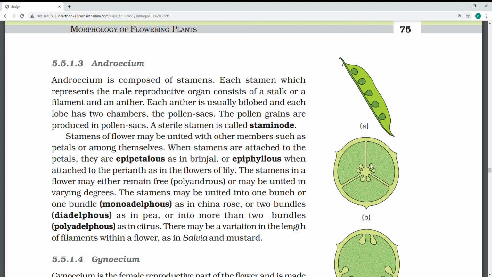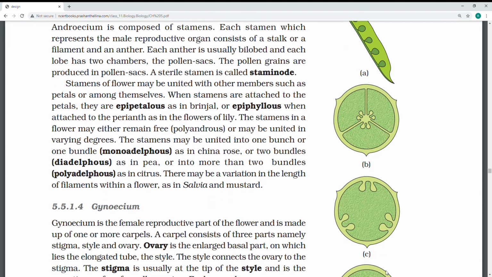Next is parietal placentation. Observe the diagram carefully and see how the arrangement is, opposite to the previous one.